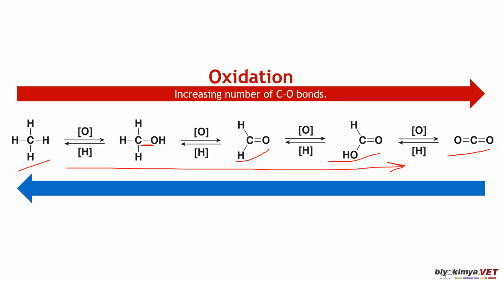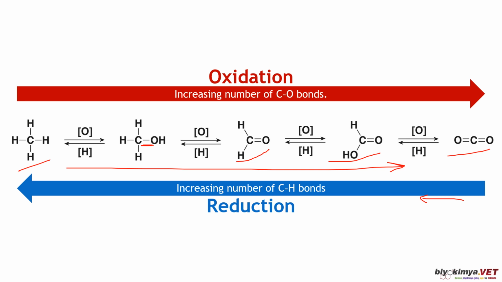And if we follow the reaction steps from right to left, these are the reduction. As you see, the number of carbon hydrogen bonds increases. And reduction of an alkene forms an alkane by addition of hydrogen. This is called hydrogenation.